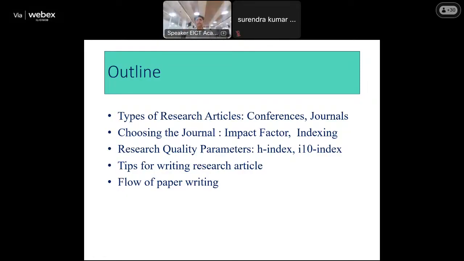Another is tips for writing a research article. Here we will be discussing completely how you can publish a paper, what different parameters you need to consider in order to publish the paper, and then we will see the writing tips, that is, what tips you need to follow so that your article can be published in a good reputed journal.